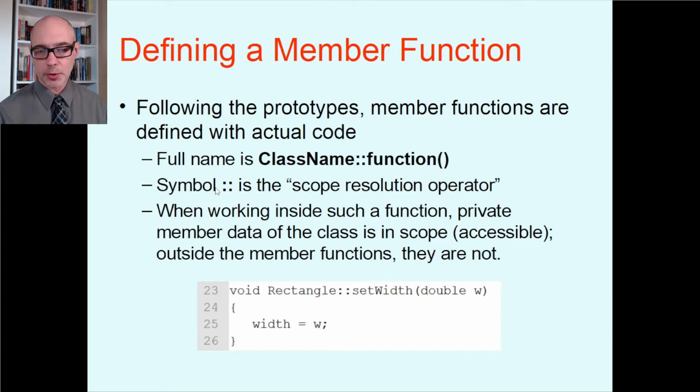We've seen this :: operator before. We used it in chapter 12 for file handling, where we saw ios::in and ios::out. Remember, if you don't use using namespace std, then technically the full names of cin and cout are std::cin and std::cout, and std::endl too.